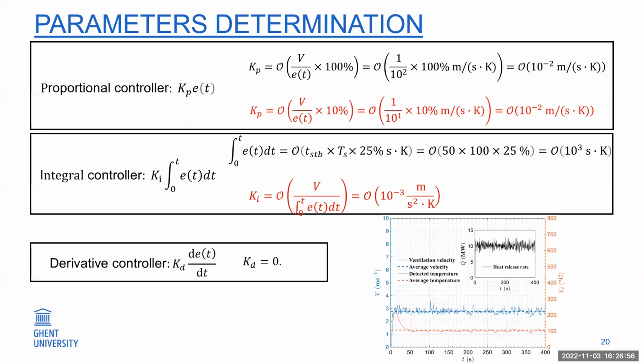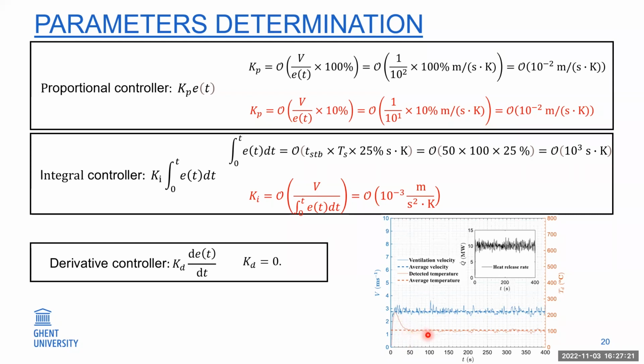To estimate KP, we need to do a magnitude analysis, because the control process has two stages. The first stage is the uncontrolled stage. In this stage, the temperature still rises and then decreases.